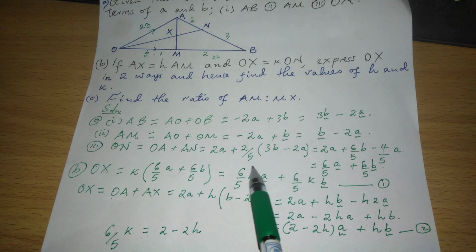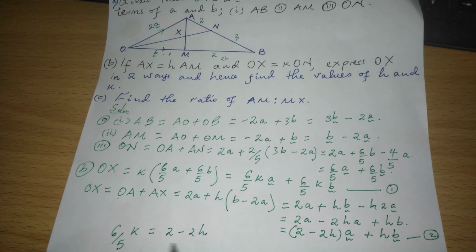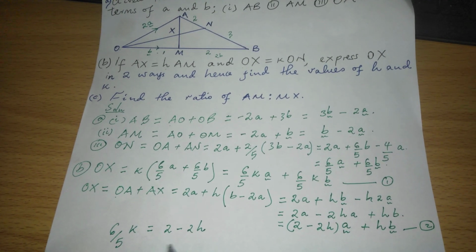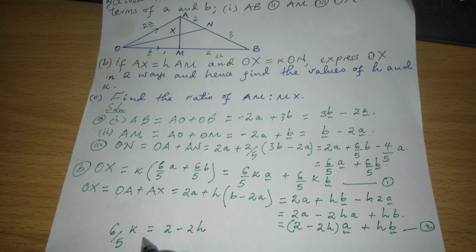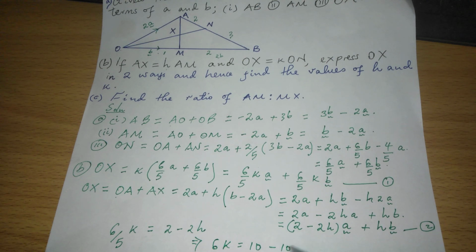So we are equating the coefficients of vector A in the two expressions. Now we can simplify the equation by doing away with the fraction and multiplying by 5 through. Here we will remain with 6K equals 10 minus 10H.